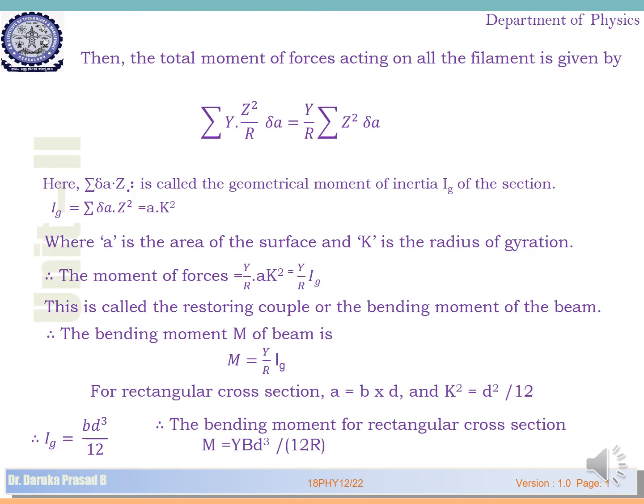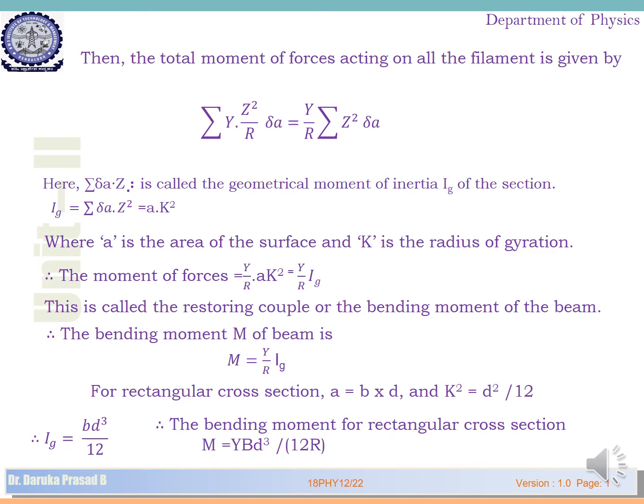So instead of masses, here we take all the small cross-section areas into their perpendicular distances from the axis. If you substitute the K value there, the moment of forces is Y by R into Ig. This is called the restoring couple or the bending moment of the beam.